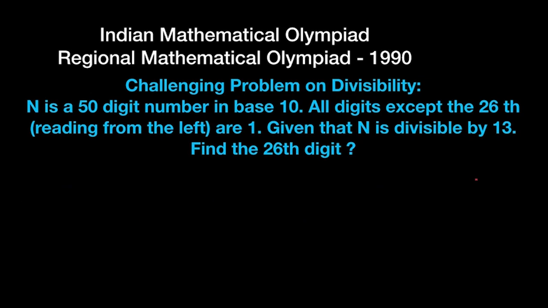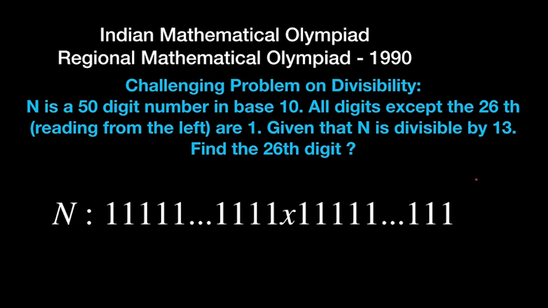Before approaching to solve this problem, we have to warm up. We have to learn some technical trick. Here the number is a 50-digit number. All are ones except the 26th from the left. Suppose the unknown digit is x.